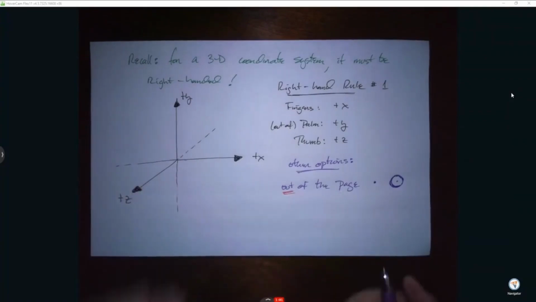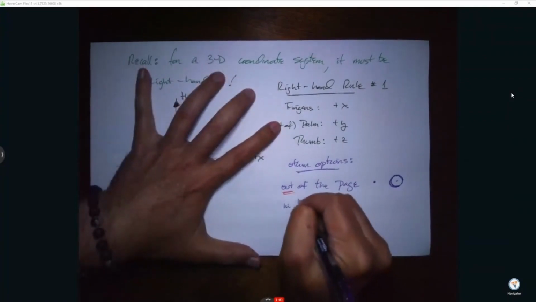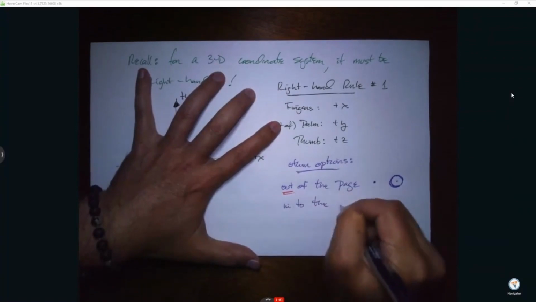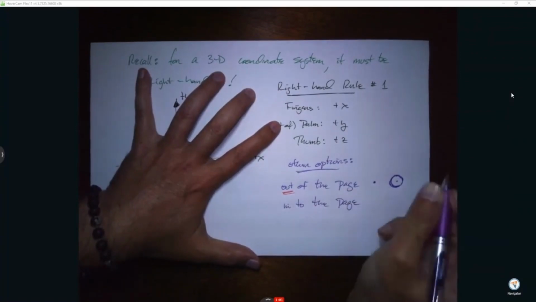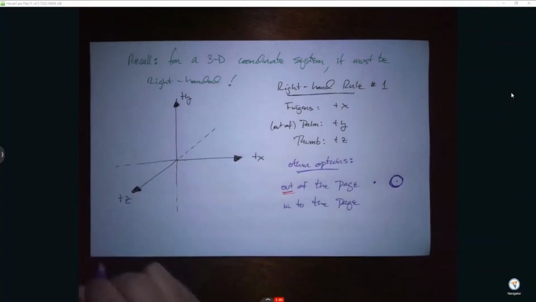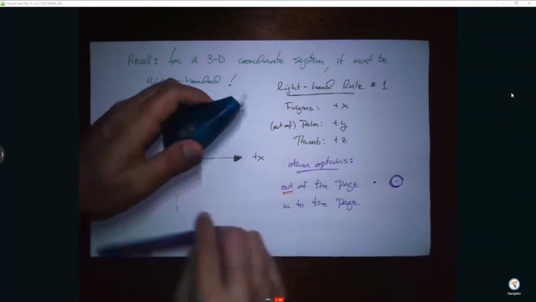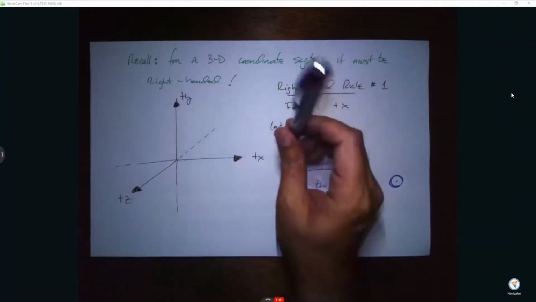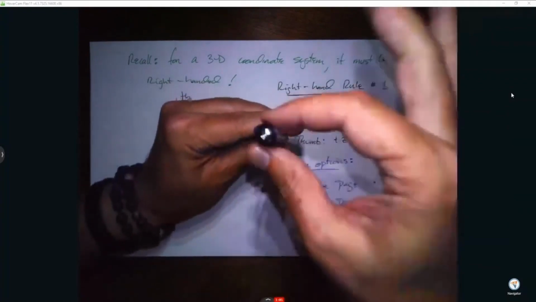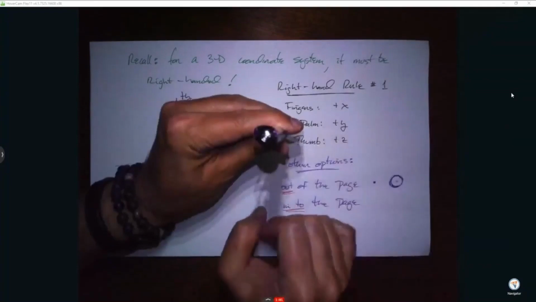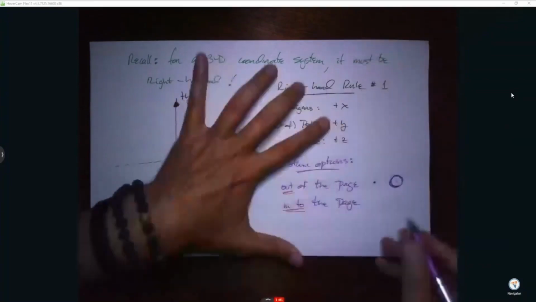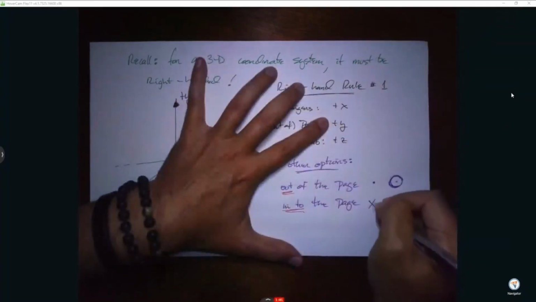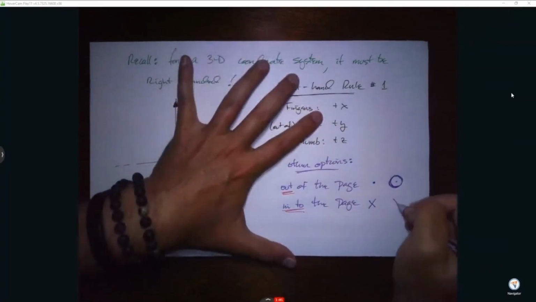And then we can take a look at what happens if it goes into the page. Then you see the feathers on the arrow as it heads away from you, and so they draw those feathers as an X. These are the fletches, or the feathers.